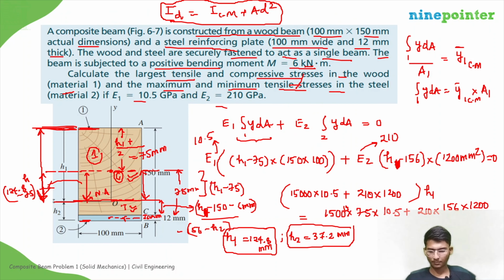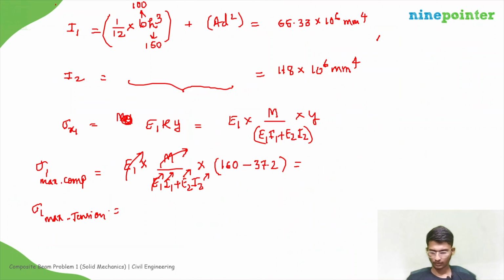See, material 1 is present up to here, right? So below the neutral axis it is tension and it will increase linearly. So the maximum tension will be at this contact plane C. So tension at contact plane C is equal to E1 into M divided by E1 I1 plus E2 I2.